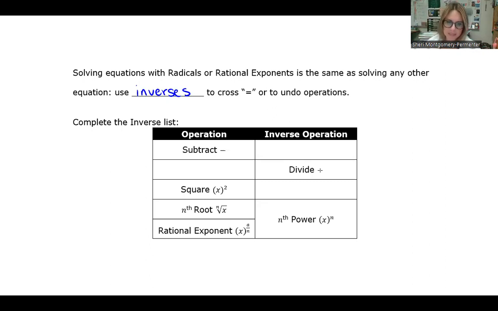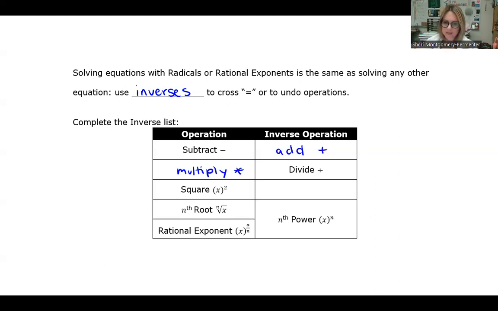Okay, let's see how we did. What is the inverse operation for subtract? Very good. So if we're subtracting on one side, we can add to the other. What is the inverse operation for divide? What if you want to undo something squared?